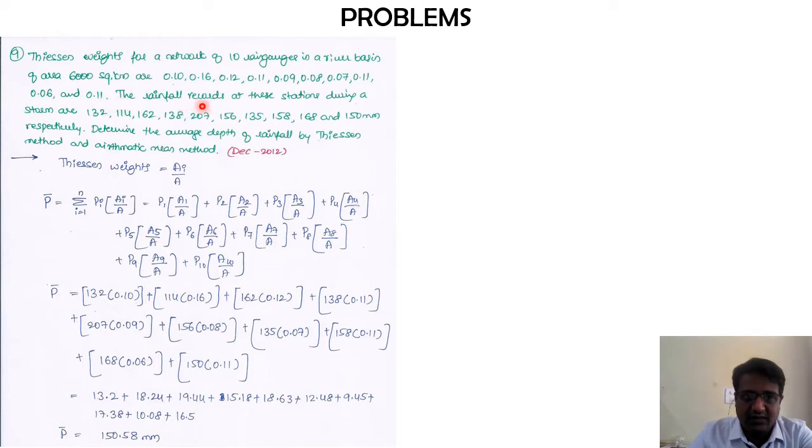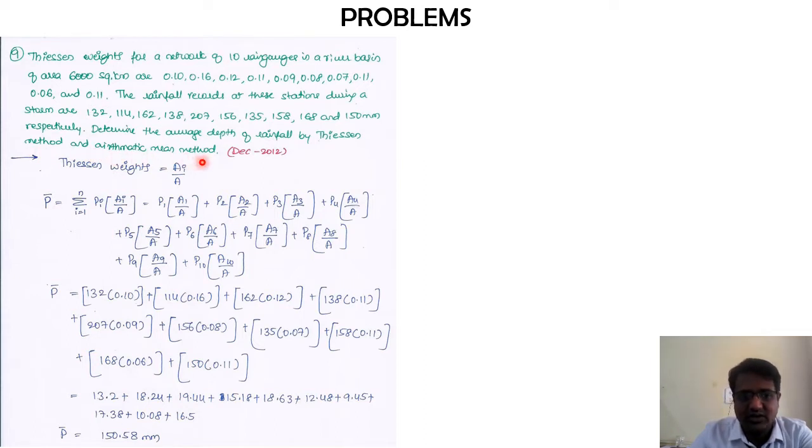The rainfall records at these stations during a storm are 132, 114, 162, 138, 207, 156, 135, 158, 168 and 150 mm respectively. Determine the average depth of rainfall by the Thiessen method and the arithmetic mean method.